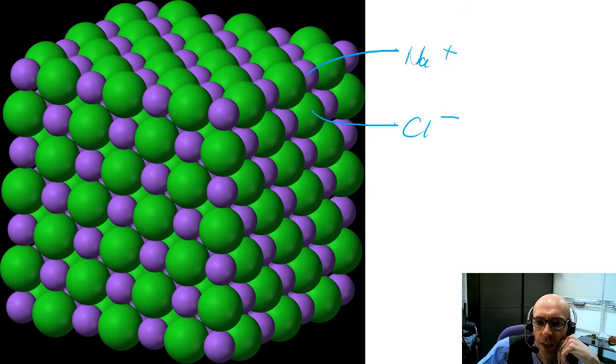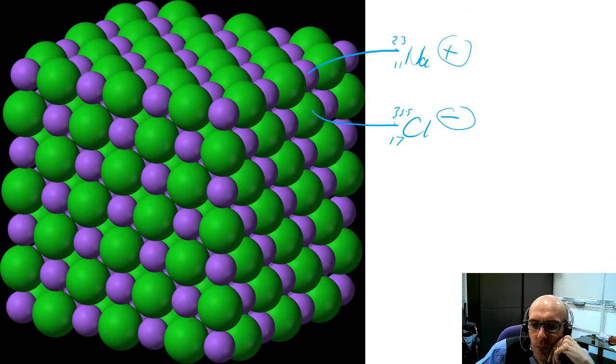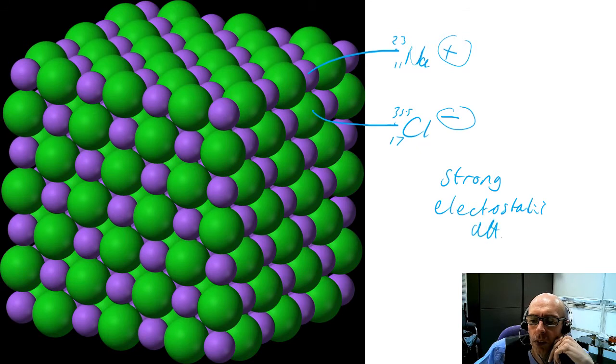Chlorine is a bigger atom than sodium. If you remember, it started with 11 protons here and 17 there. That has a total mass of 23, and this has a mass of 35.5 on average because of the isotopes, negative and positive, all held together. And as we've just said, all held together by strong electrostatic attractions, which we call ionic bonds.